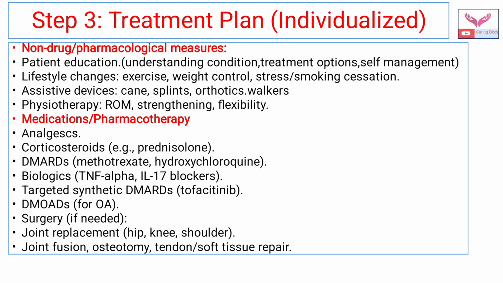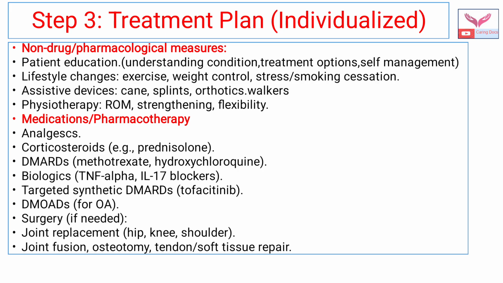Then coming to the medications or the pharmacotherapy, the patients get relief with analgesics, corticosteroids, prednisolone, disease modifying anti-rheumatic drugs like methotrexate, hydroxychloroquine, biologicals like tumor necrosis factor alpha, interleukin 17 blockers, targeted synthetic DMARDs, and DMOADs for osteoarthritis, depending upon the diagnosis or the cause of arthritis.